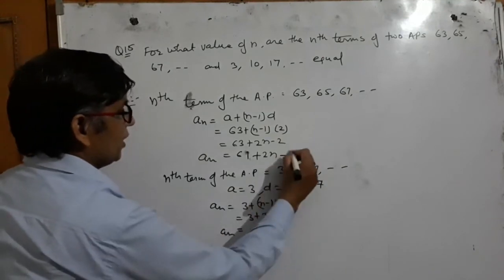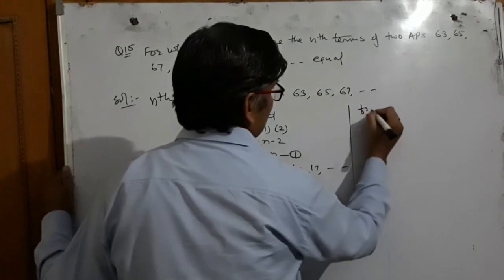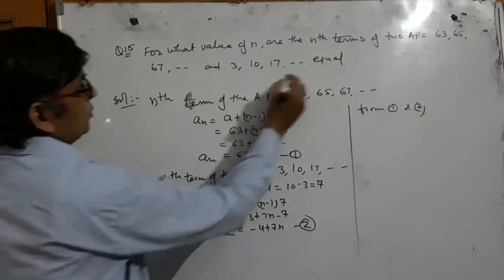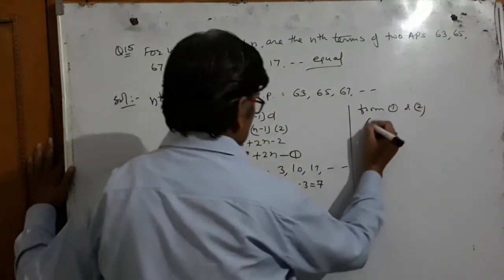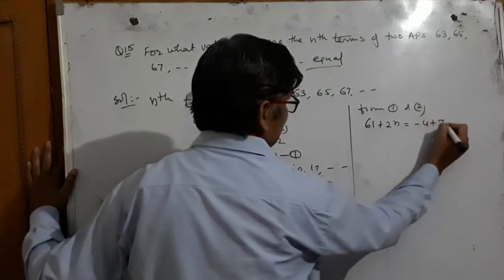This is equation 1 and this is equation 2. From 1 and 2, these are equal. So 61 plus 2n equals to minus 4 plus 7n.